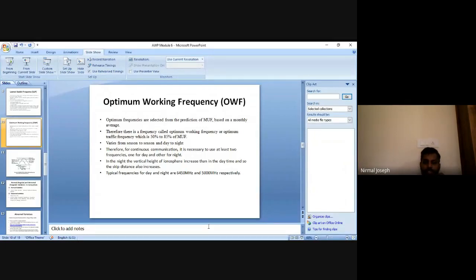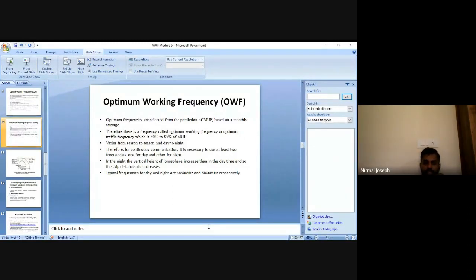So we have to use separate frequencies for day transmission and night transmission in order to have uninterrupted transmission. Typical frequencies for day and night are 6450 megahertz and 5000 megahertz.